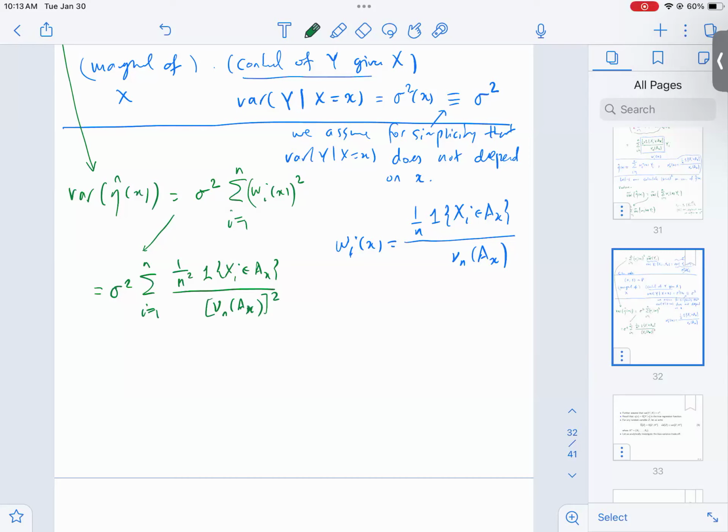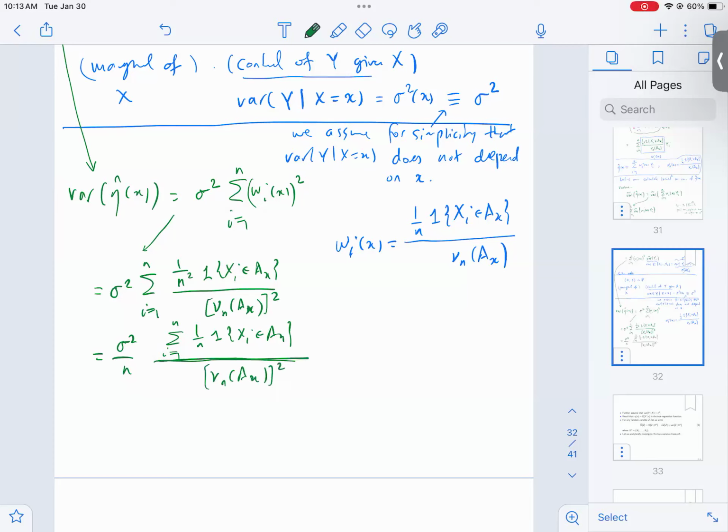I'm going to pull one of the 1 over n's out, so you get sigma squared over n. The denominator does not depend on i, so this also comes out. So the summation goes on the numerator, divided by nu_n of A_x squared.